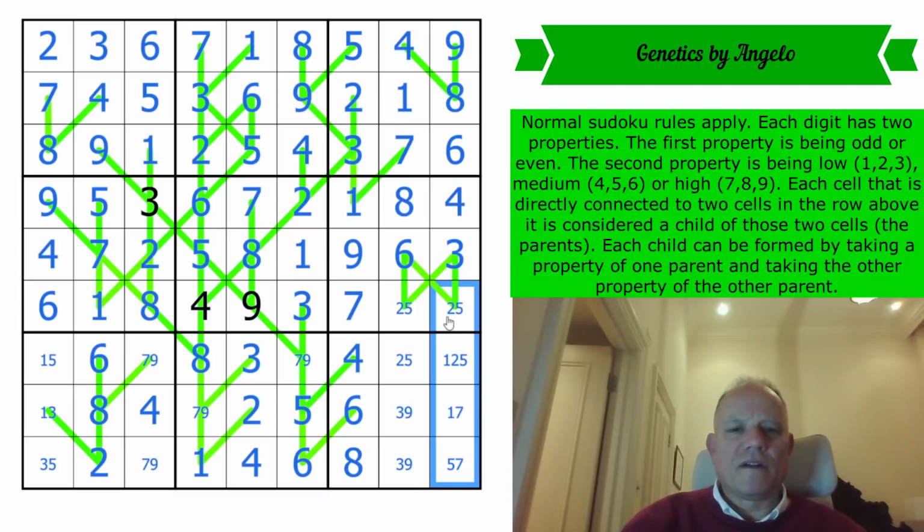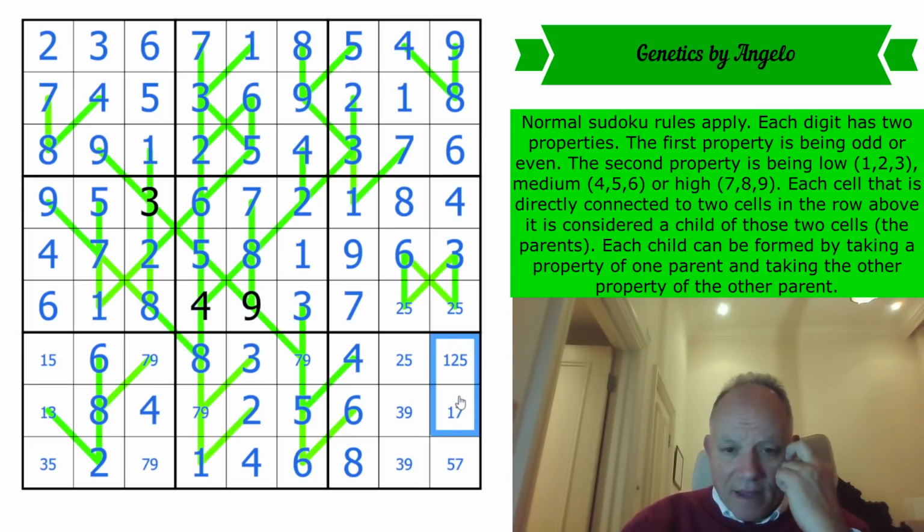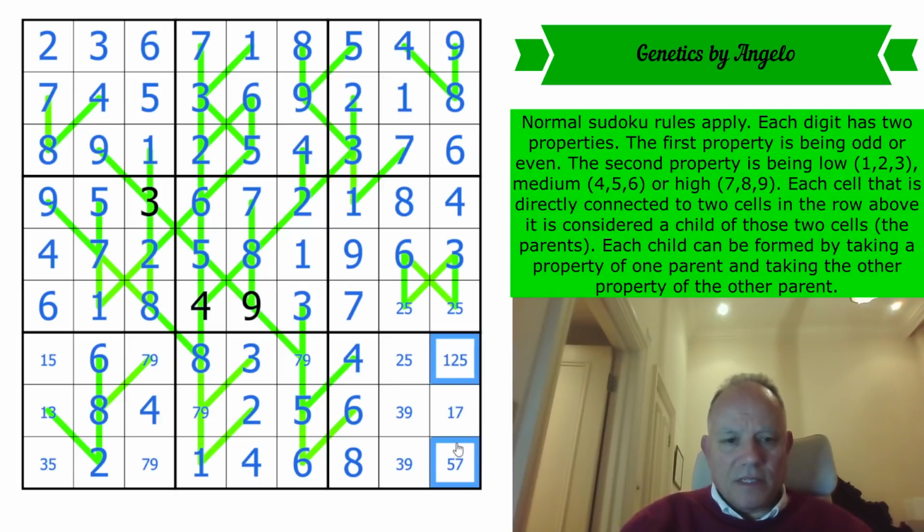1, 2, 5, 7. So 1 and 7 are there. 7 there and 1 there. So one of these is 2 or 5. If it's 5, that's an X. Well, there is an X-wing. No, there doesn't have to be an X-wing there because that could be 5. Then you get 5s in those positions.